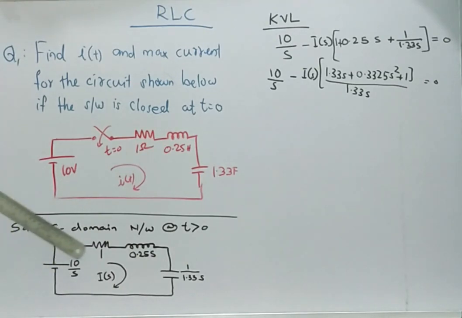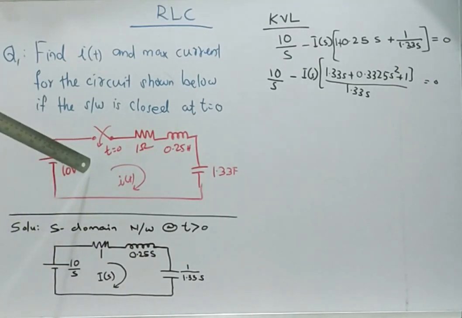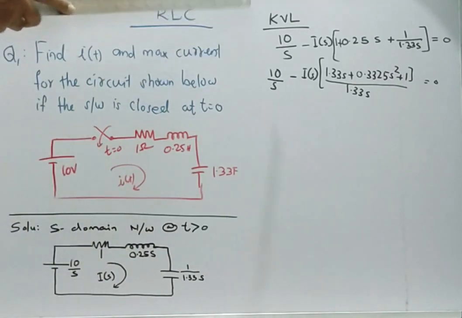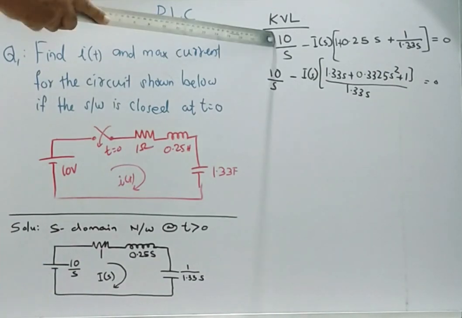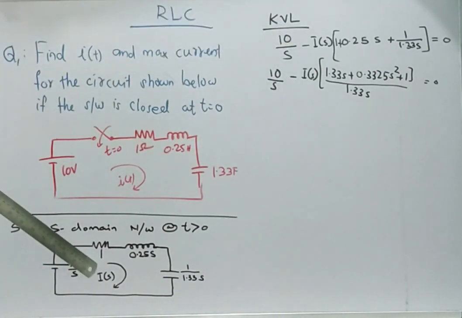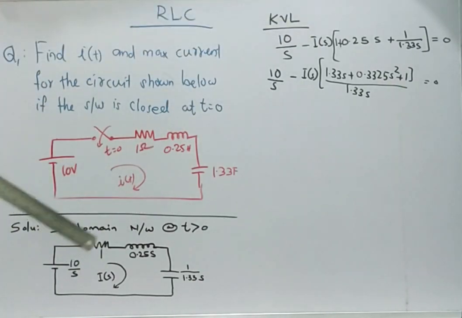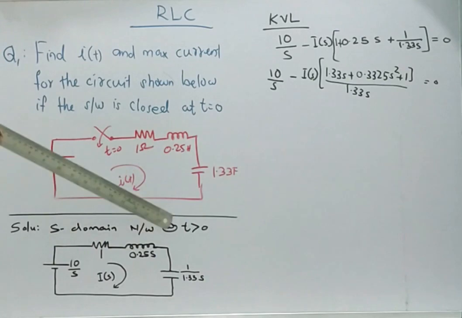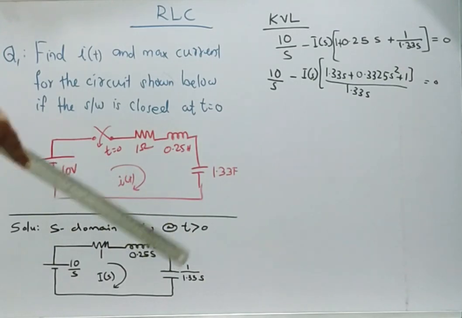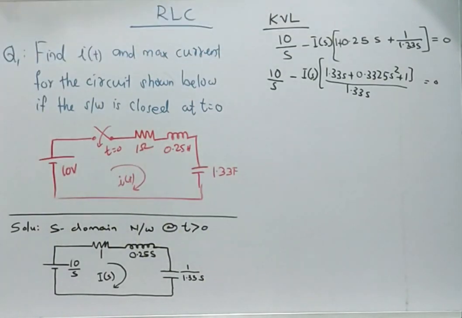Now, after converting the time domain network into the S domain network, we can easily write the KVL equation. Here the KVL equation becomes 10 by S minus I(S) times (1 plus 0.25 S plus 1 by 1.33 S) is equal to 0.